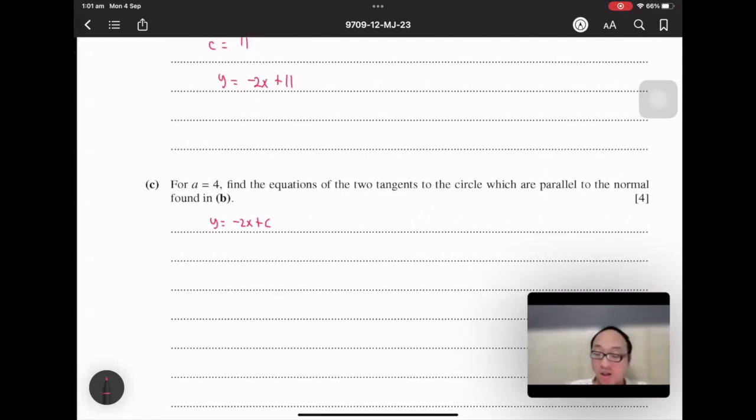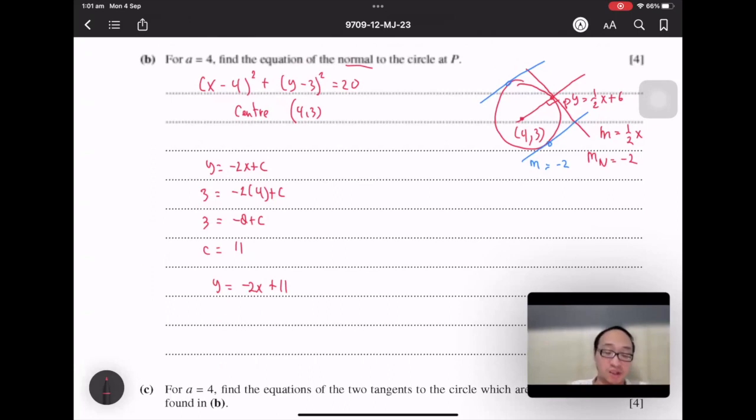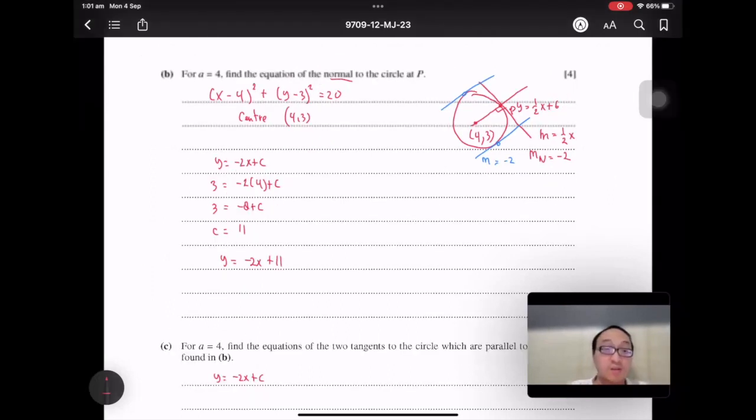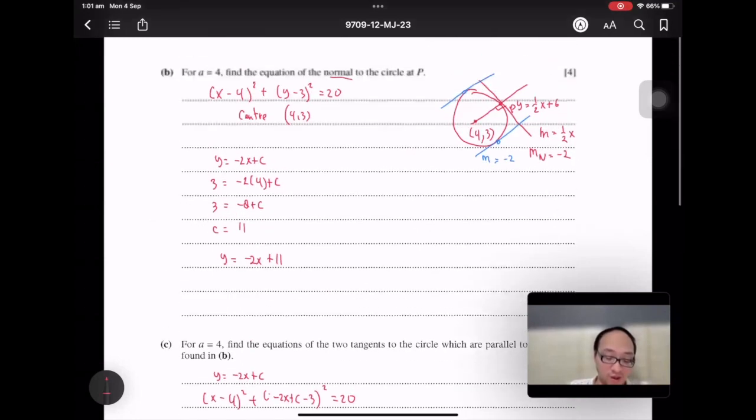And we have to find the coordinates of the intersection, so we substitute it into the equation of the circle. So it's (x minus 4) squared plus (minus 2x plus c minus 3) squared equals 20.